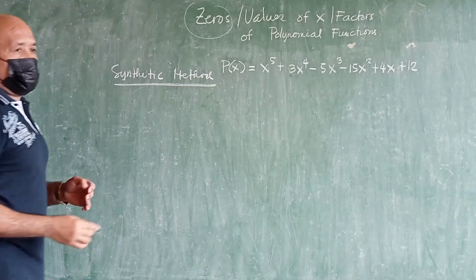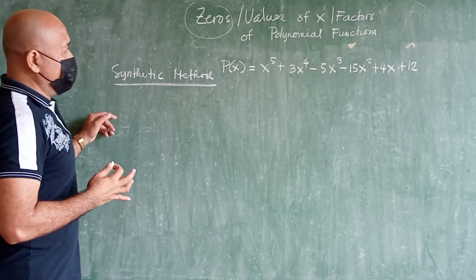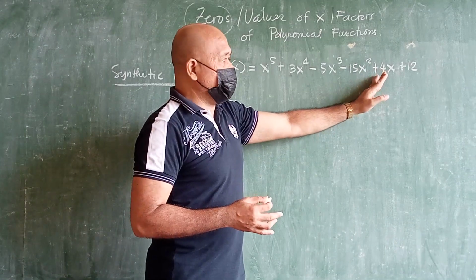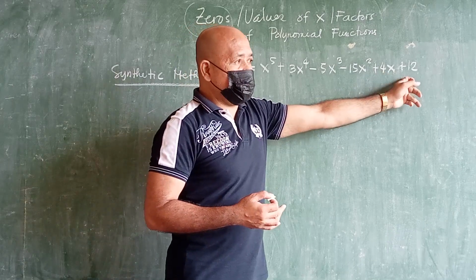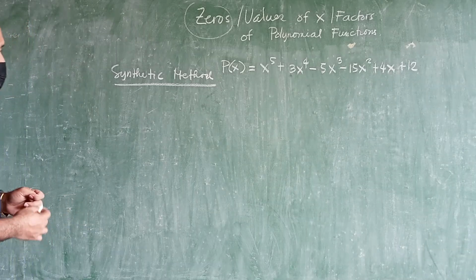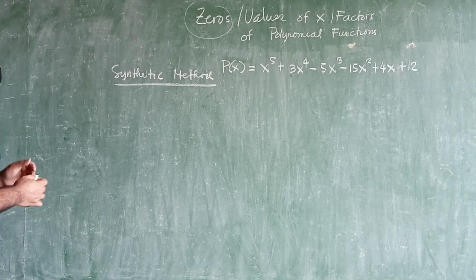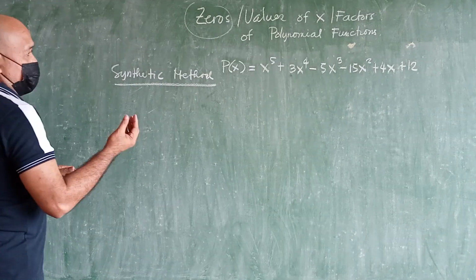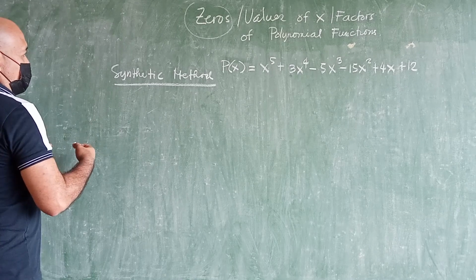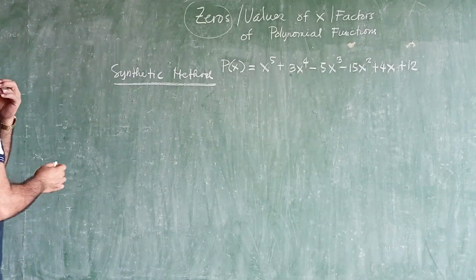Again, to recall, when we say synthetic method, we are going to use only the numerical coefficients of the given polynomial function as well as the constant term. So let's start listing down these coefficients.